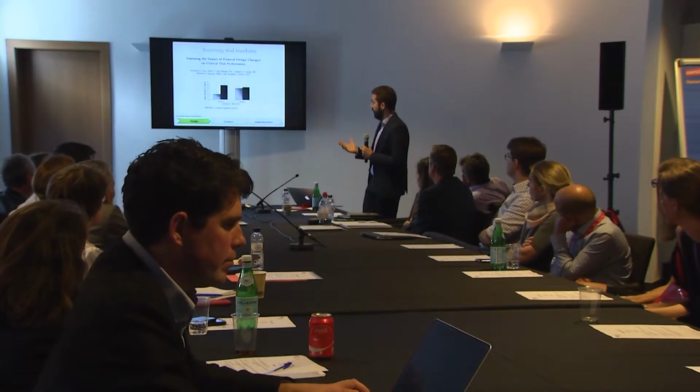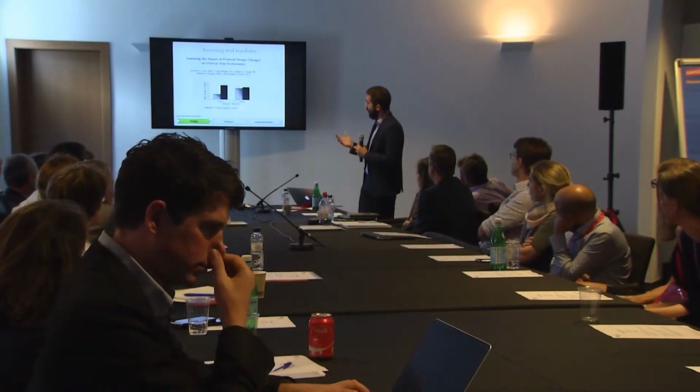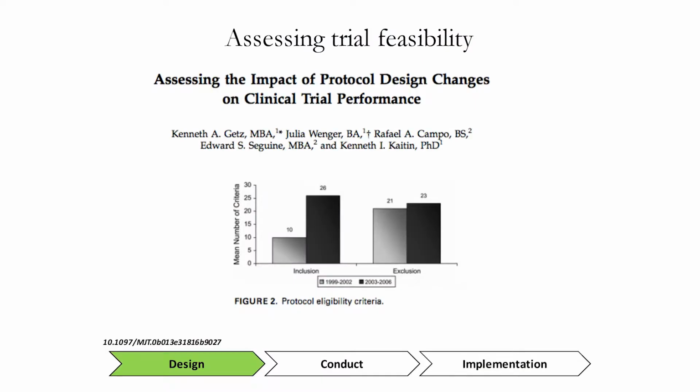So this shouldn't come as a surprise. It might, because you can't see the figure, but what this is saying is that protocol complexity in terms of inclusion and exclusion criteria is increasing very, very rapidly for clinical trials. These investigators compared trial protocols in 1999 to 2002, and then 2002 to 2006.